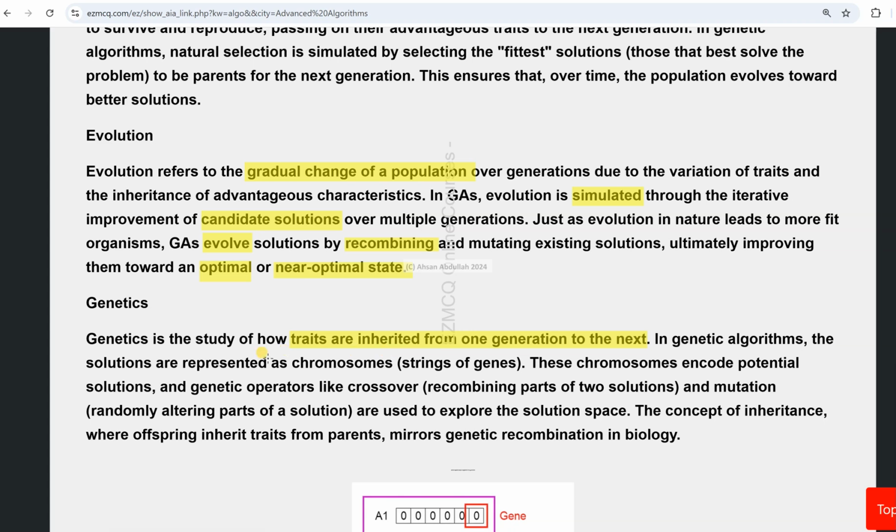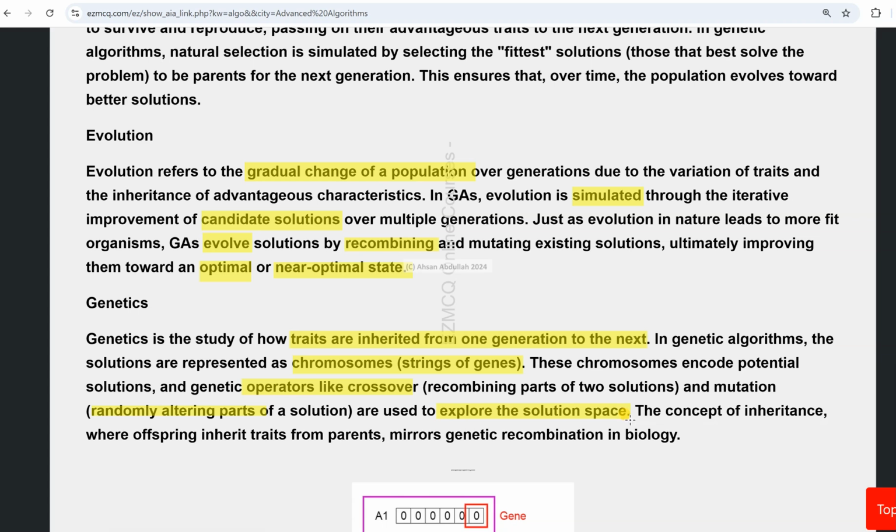They are coded as chromosomes, strings, or genes, so we have to map the problem into the form of genes or strings, because that's the way it works in real life. And the genetic operators, like crossover, recombining, and mutation, randomly alter parts of a solution. We use them to explore the solution space. Again, the objective is to get out of the local optima.